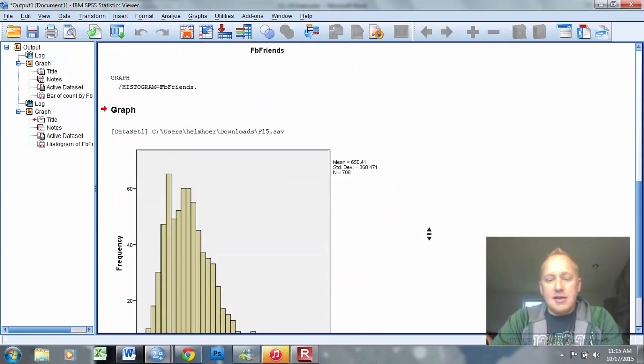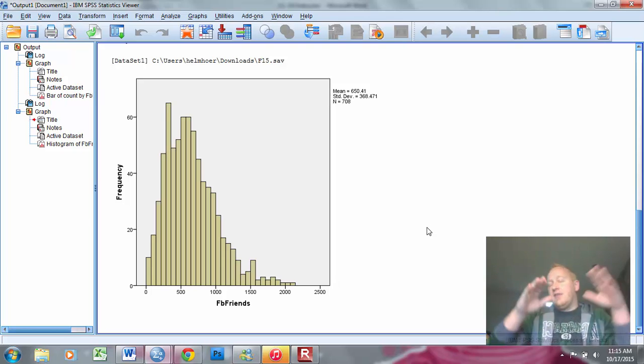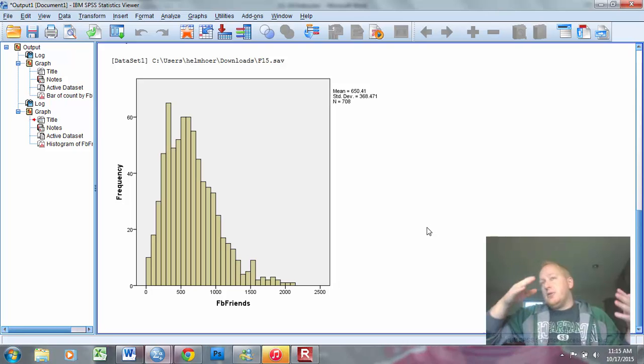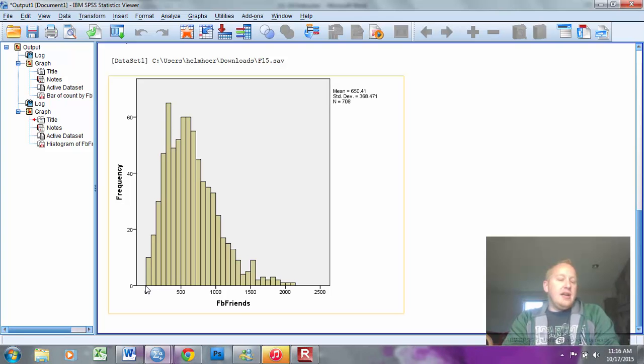What we can do instead is we can do a histogram. This is the exact same data as that previous graph. But instead of giving each data value its own little bar, what we do here is we say 1, 2, 3, 7. So here, everyone that has between 0 and 70 Facebook friends, you go in here.